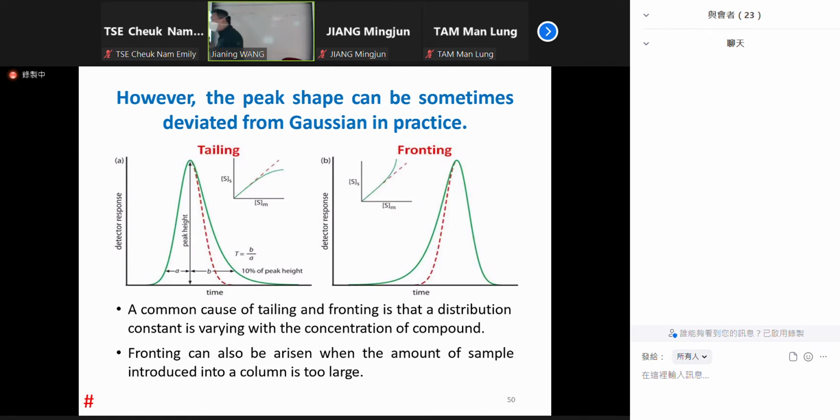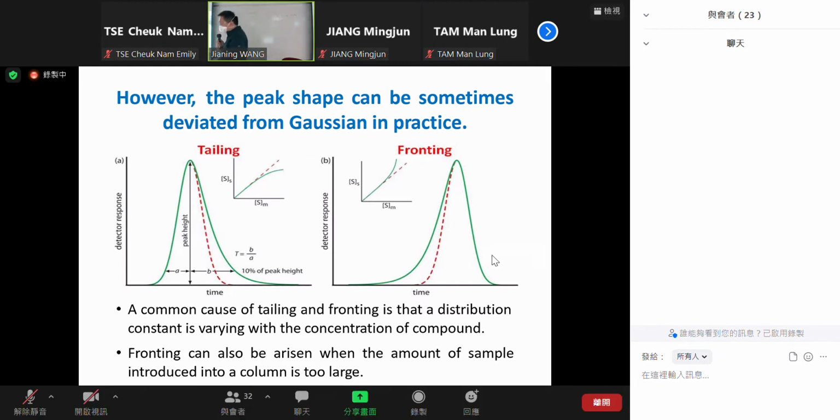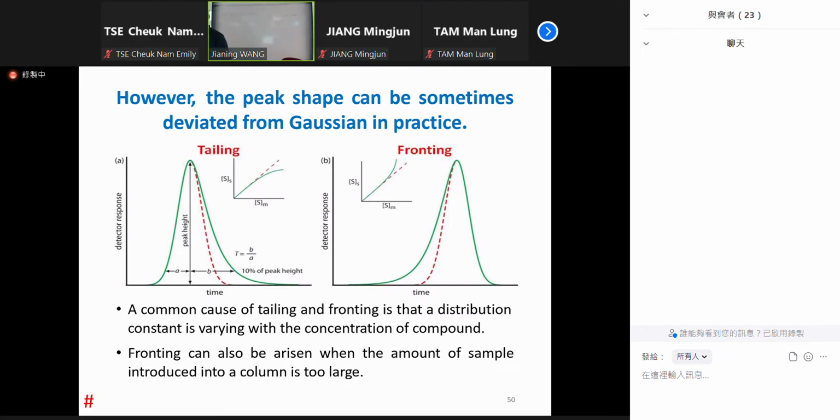That may cause the saturation of the system. So the mobile phase or the stationary phase cannot dissolve all the sample in a small region, and that causes the deformation of peaks. This is what we call overloading.